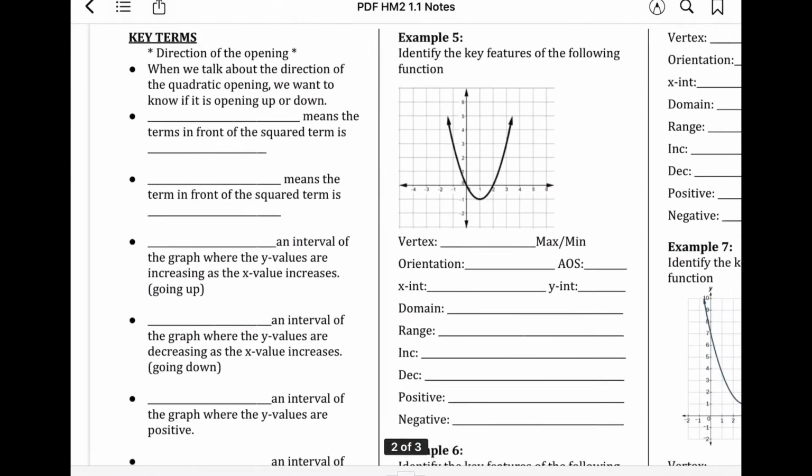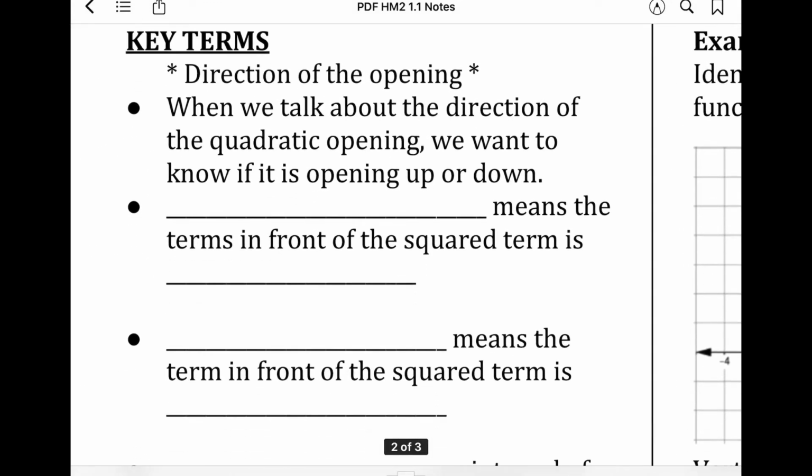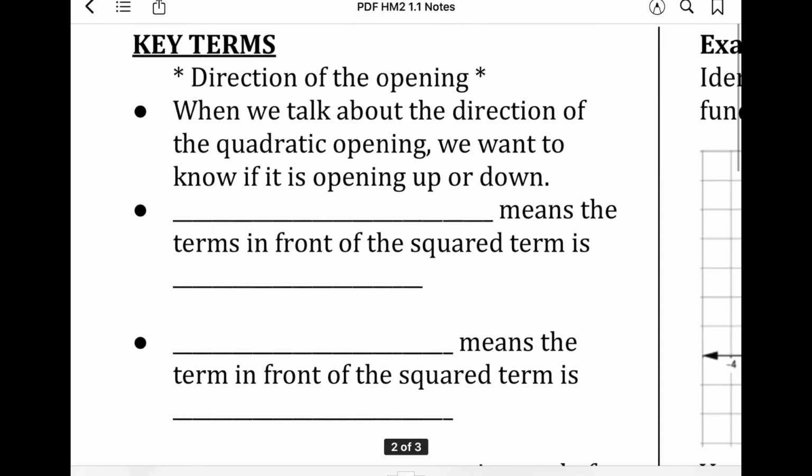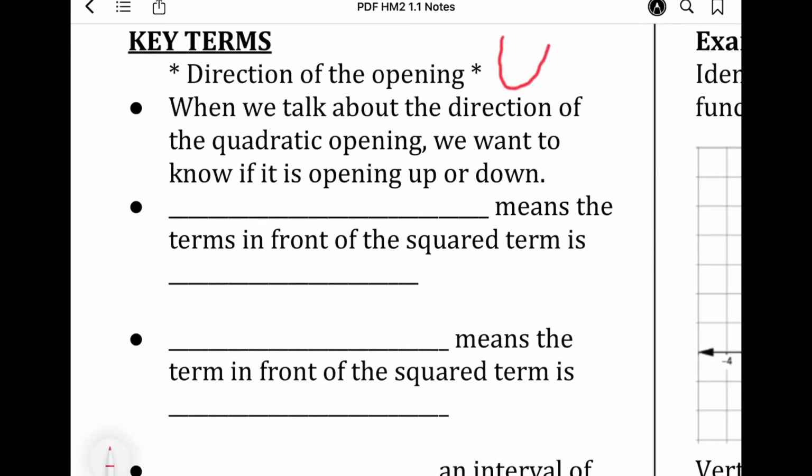Alright, going on. And if I move too fast, please pause the video and catch up. So the direction of the opening: remember that a parabola could look like a typical capital U, or it could look like an upside down U, or a happy face versus a sad face. When we talk about the direction of the quadratic opening, we want to know if it is opening up or down.